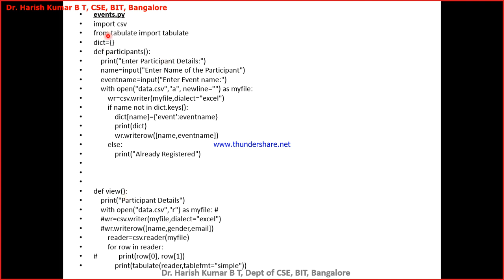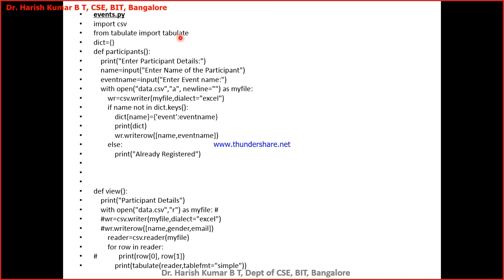And next, to this events.py, I am importing the CSV module. So what is CSV? Comma separated values. Okay. I hope you know these CSV files, comma separated values. So I'm just importing this.